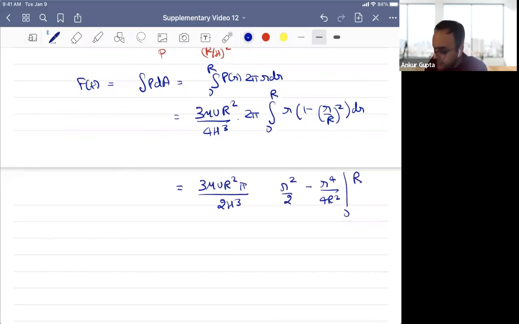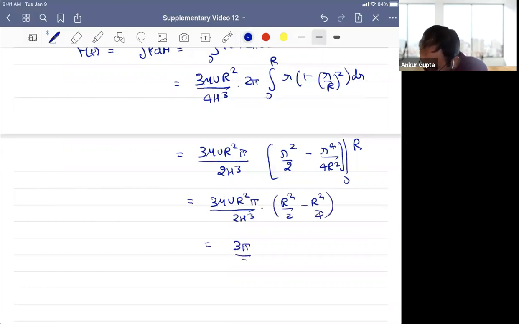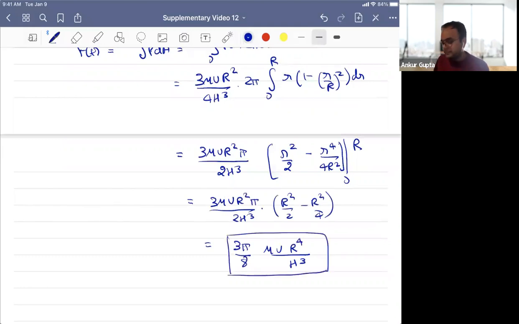By integrating the terms inside, what you get is 3 mu u R square pi by 2h cube times (R square by 2 minus R square by 4), or finally you get 3 pi by 8 mu u R to the power of 4 by h cube. So this is what we get. This is our force F of T, and this is what I wanted to calculate.